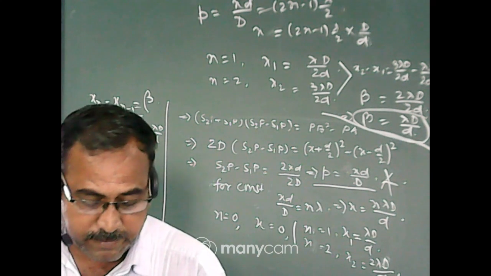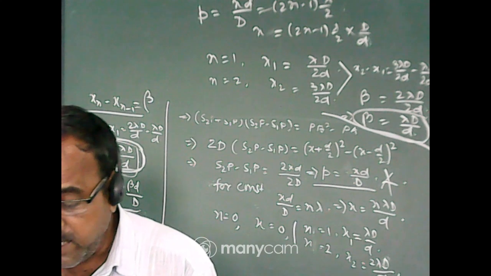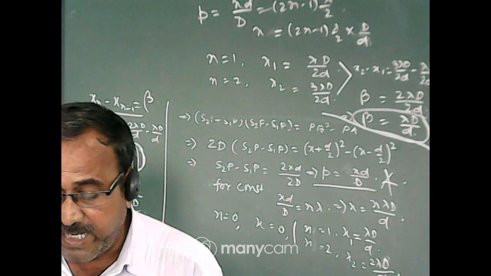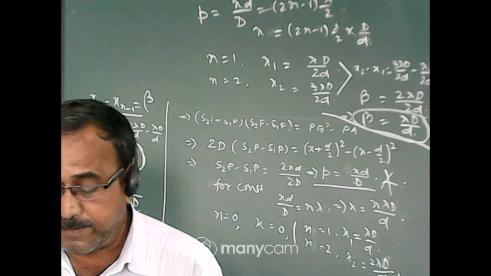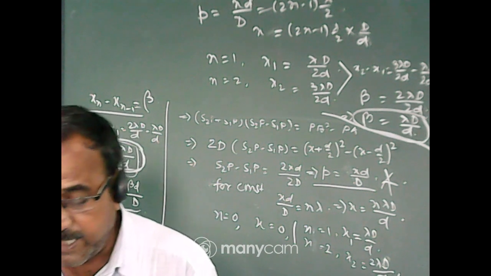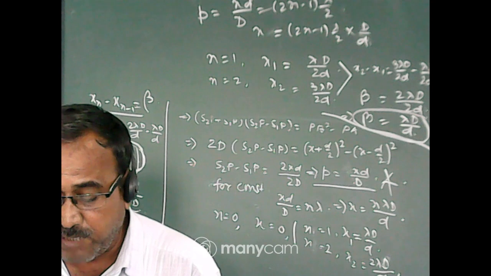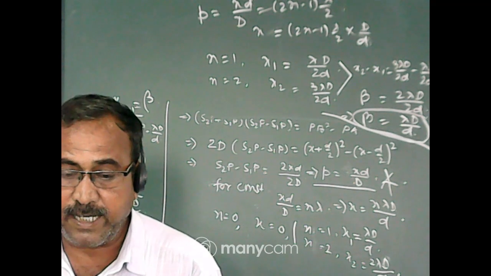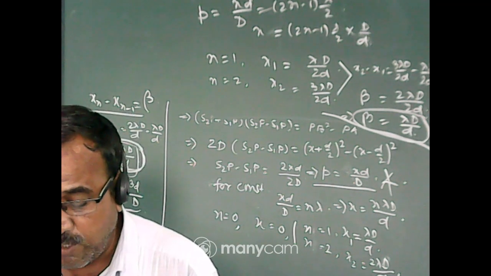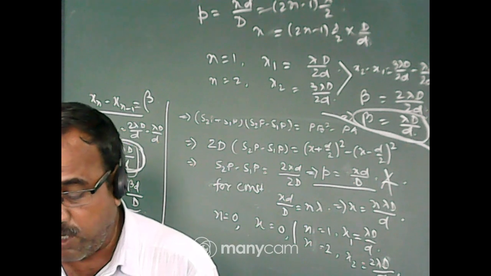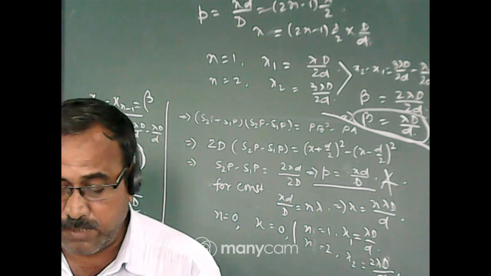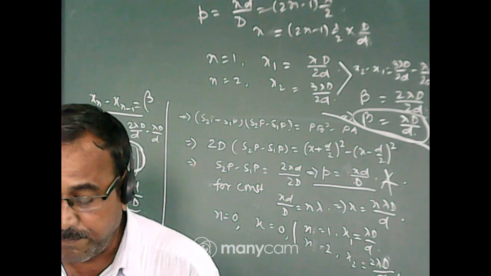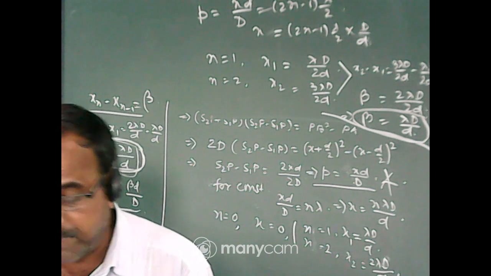Measurement of wavelength. The Young's double slit experiment can be used to determine the wavelength of a monochromatic light. The interference pattern is obtained in the focal plane of a micrometer eyepiece, and with its help fringe width beta is measured.